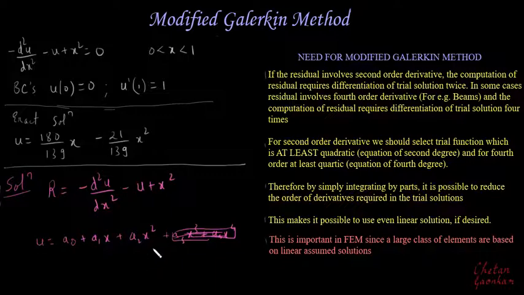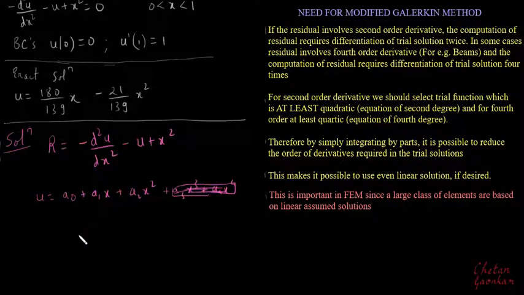And the answer to that is very simple. We know that the definition of the weighted residual method is that the weighting function multiplied by the residual, integrated over the domain, must be equal to 0.